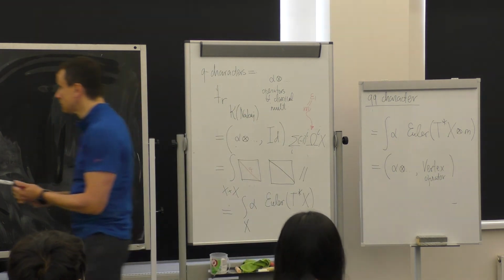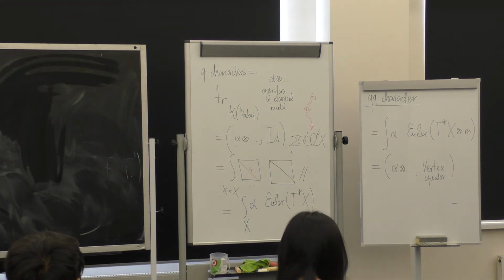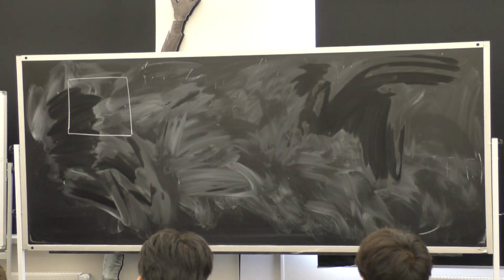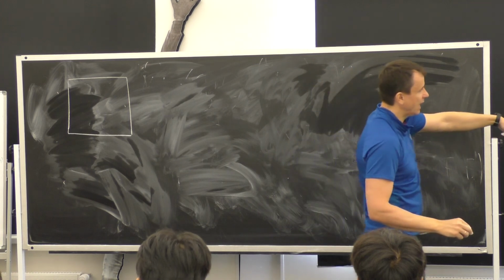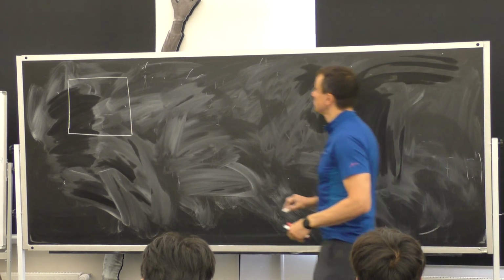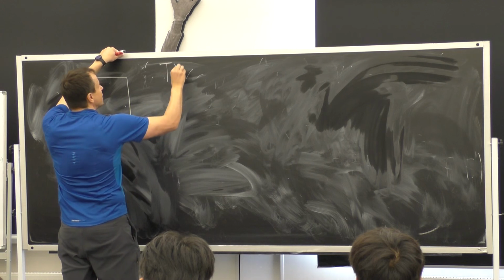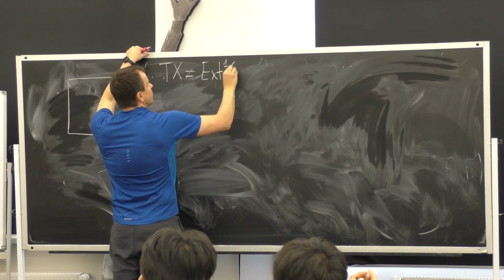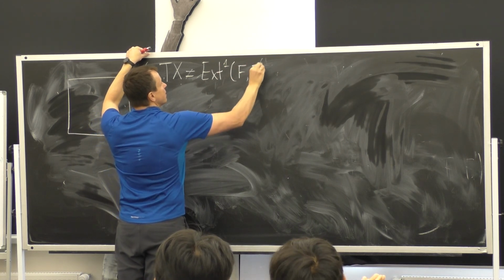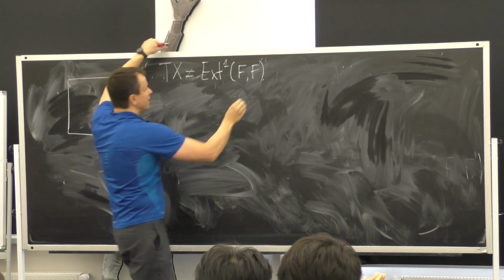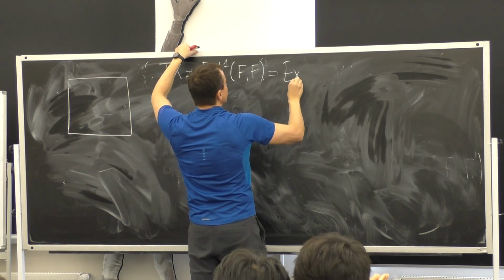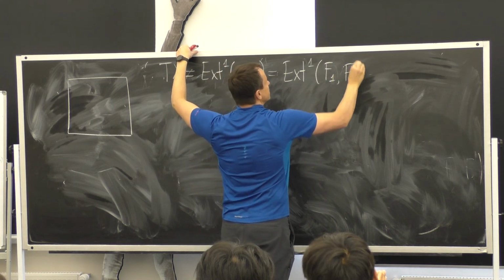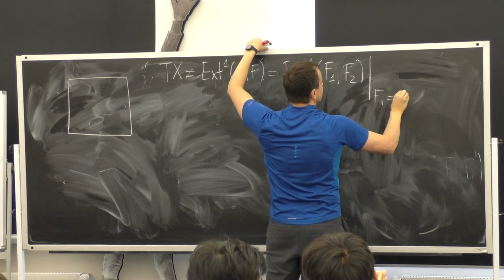What's that vertex operator? If I take x cross x, since I'm going to restrict this to diagonal anyway, I can write something. The point is that the tangent bundle to x is like Ext^1 between f and f. But you can write that this is the same as Ext^1 between f1 and f2, restricted to the diagonal when f1 equals f2.